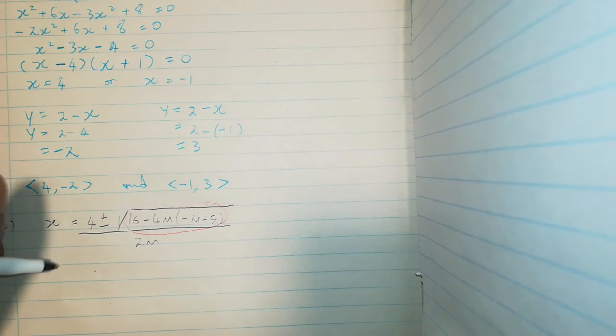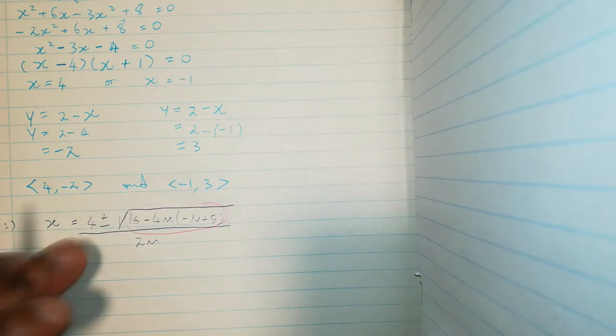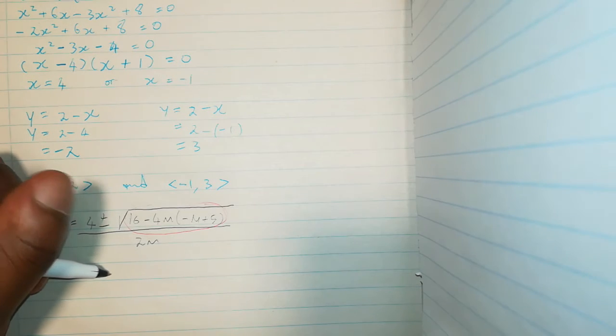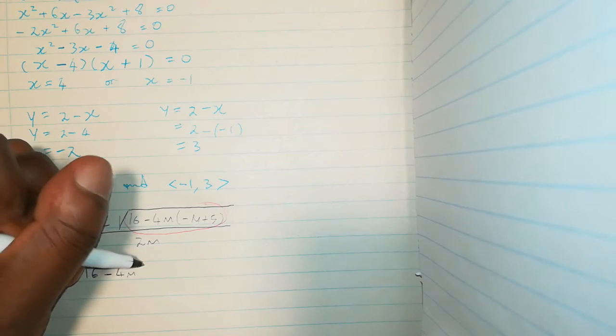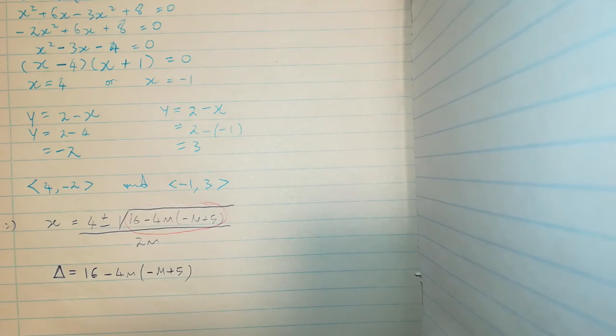Usually this number is known as the discriminant, and it's the number underneath the square root, which is 16 minus 4m into negative m plus 5. This discriminant value tells us the nature of roots.